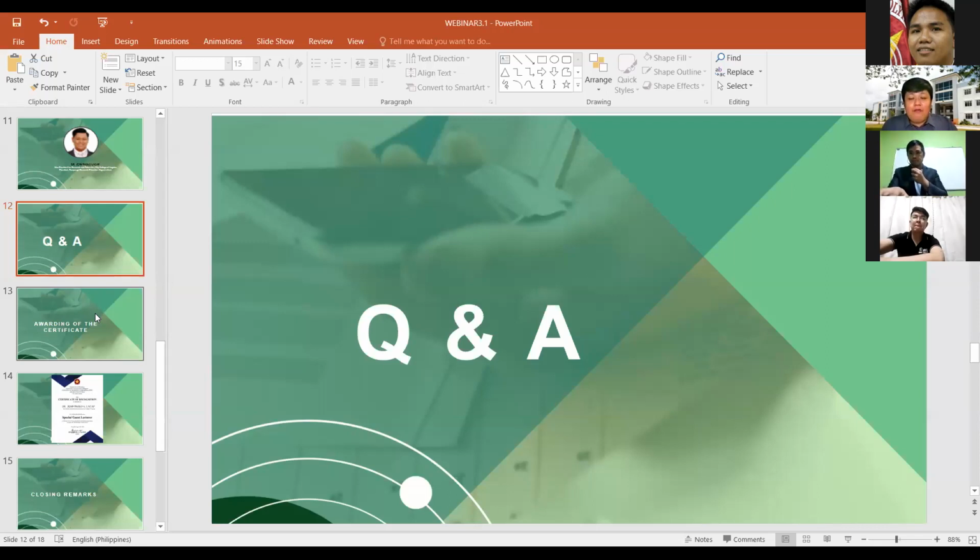Just as an example, let's say you want to measure job satisfaction, loyalty, and organizational commitment. You have three constructs. For job satisfaction, you utilize reflective. For loyalty, you use reflective. But for commitment, you use formative.